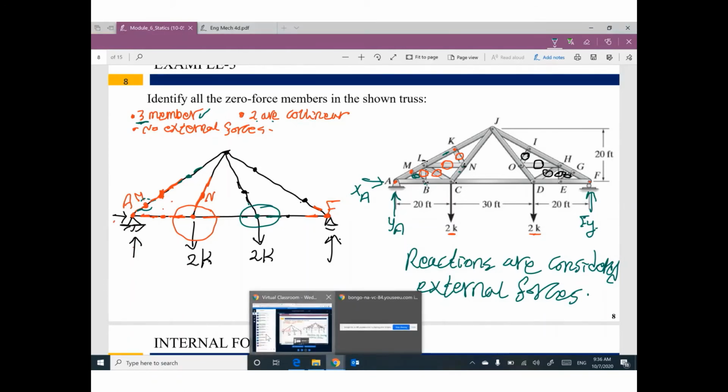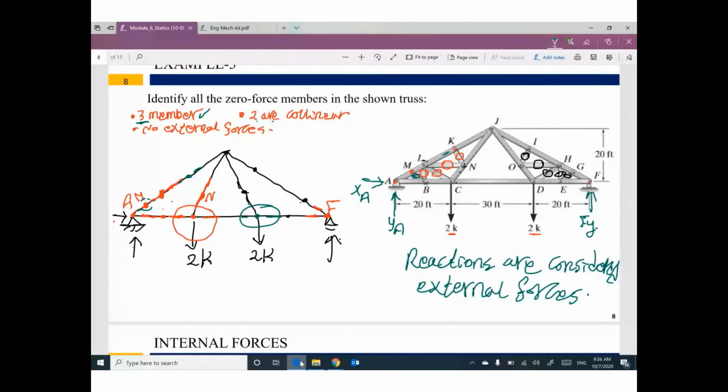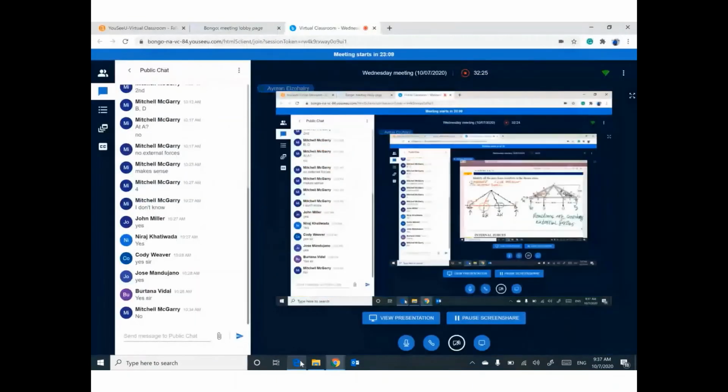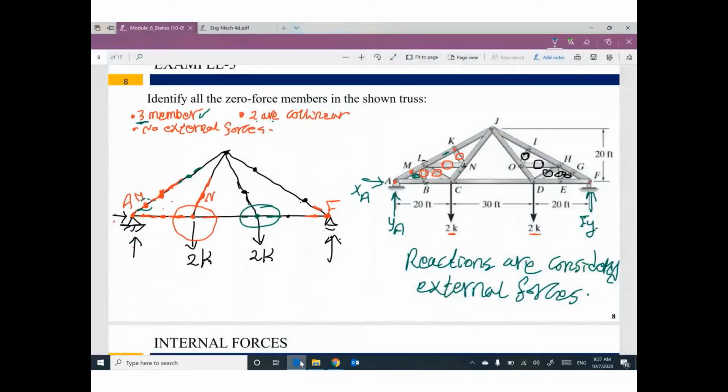Any question so far? Your quiz on Monday will be something like this. I will give you a truss and I will ask you to identify all 0 force members. During exam number 2, you can expect one problem like this.